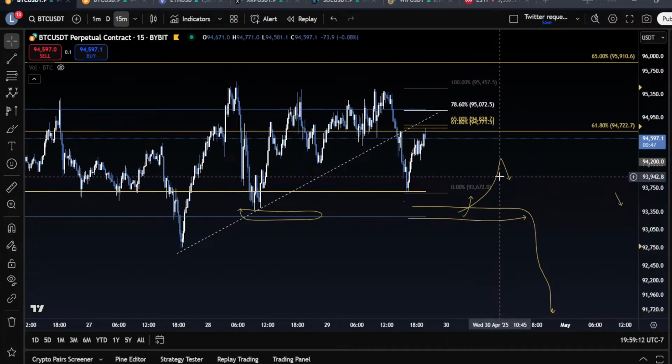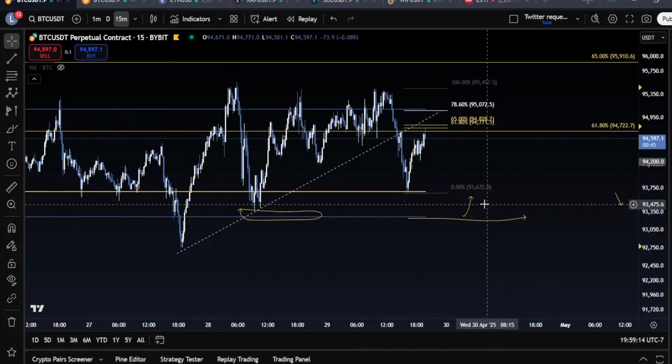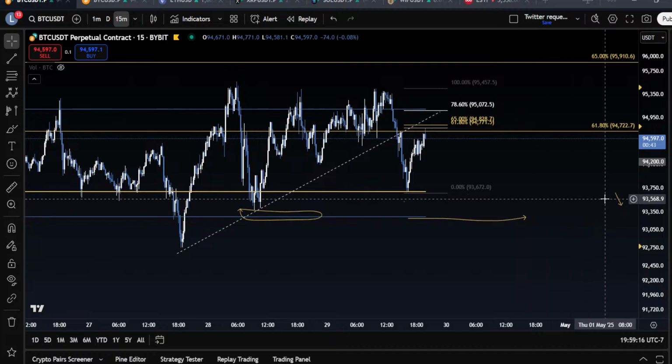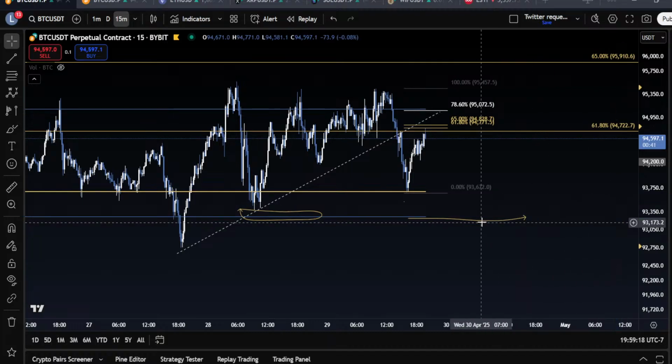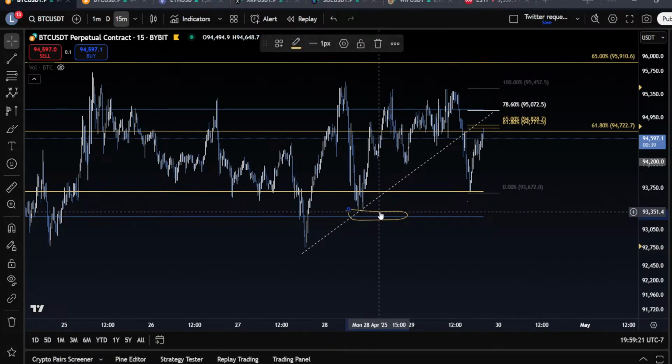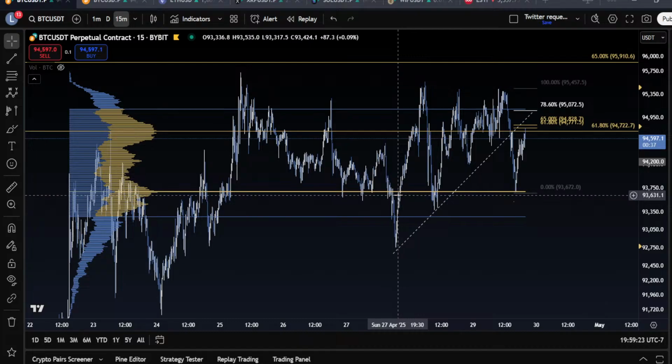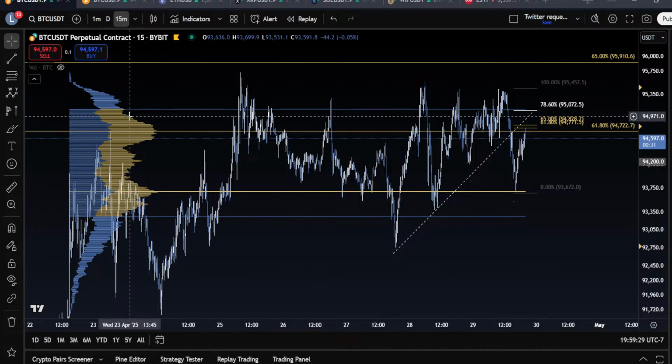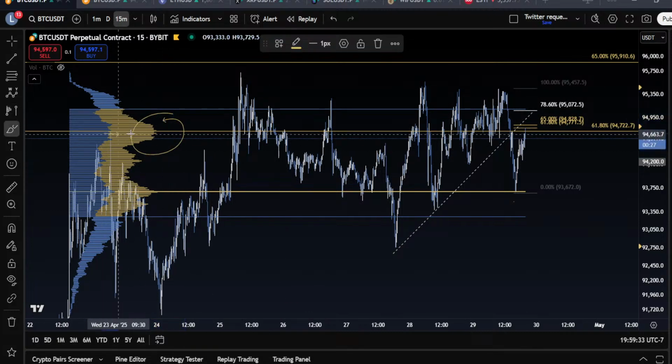So trading is a decision tree of if this, then that, in my view. If this happens, then I'll do that. If this happens, then I'll do that. You could almost call this a point of control too, by the way. It's not quite the point of control, but it's a really high volume area.